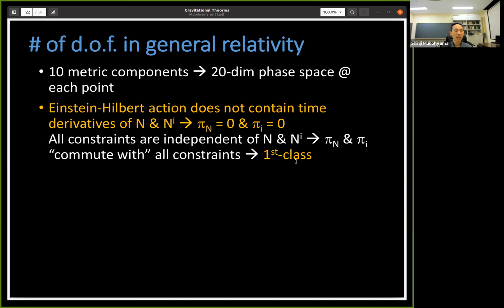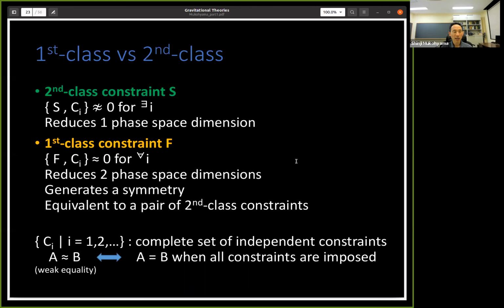Okay, let me explain this. Maybe you have heard about this in some lectures on gauge theories, but sometimes it is a bit complicated, so I'll explain. Constraints are basically algebraic equations in the phase space, and they are classified into first class and second class. As you can imagine, first class is better than second class, in the following sense.